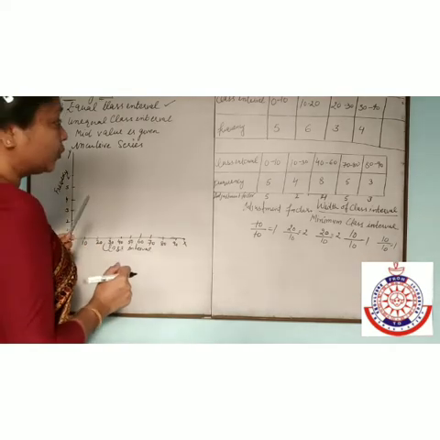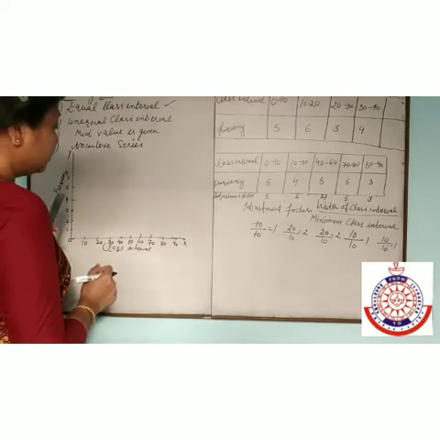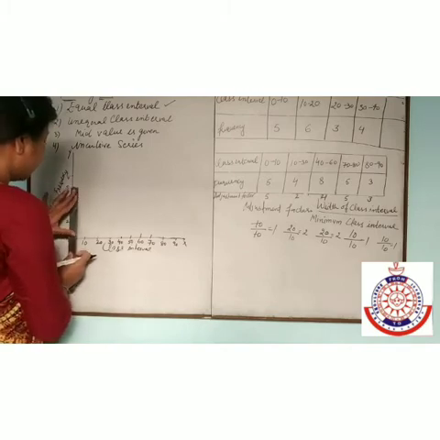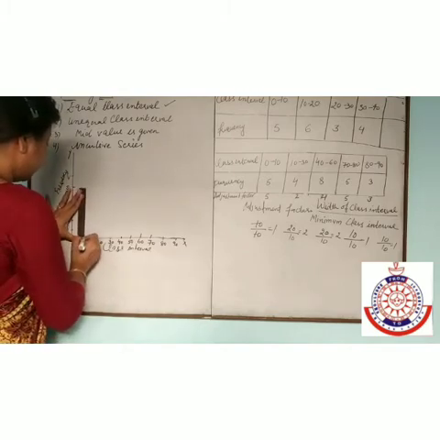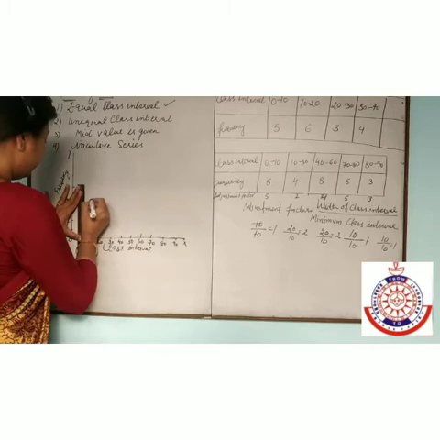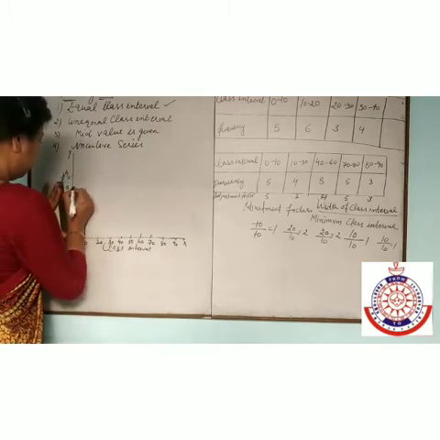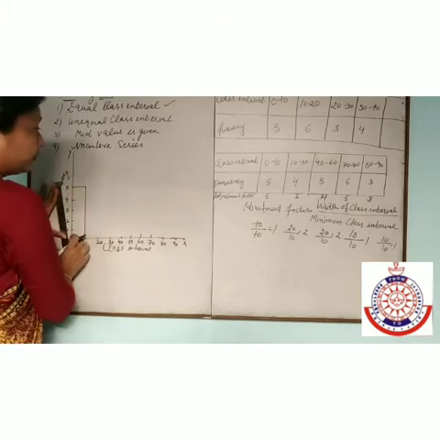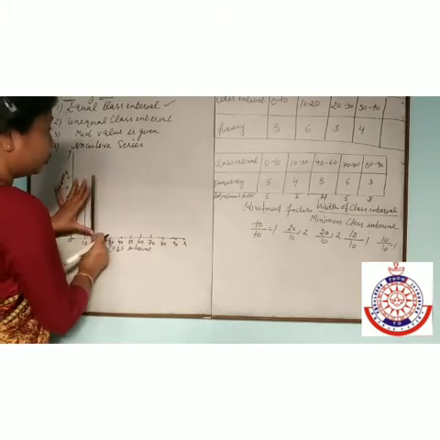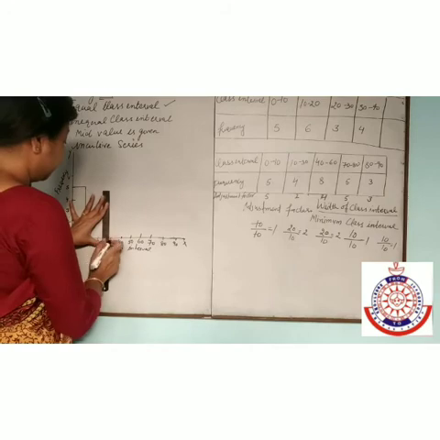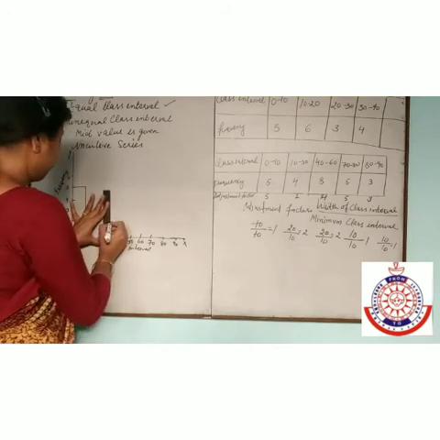The first class interval is 0 to 10. Then adjustment factor is 5. So we will make the histogram up to the 5 value. Then 10 to 30, it's 2.